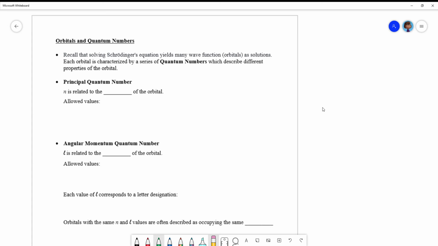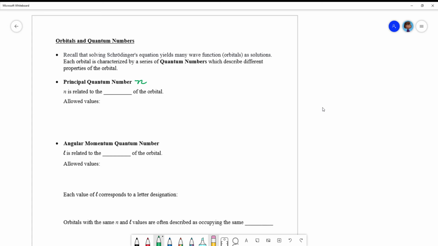Now, the principal quantum number is given the symbol lowercase n, and it's almost always italicized. And in many ways, the principal quantum number correlates very closely to Bohr's shells. So notice that Bohr also used an n to designate each one of those shells.